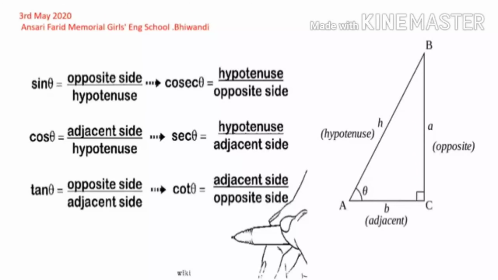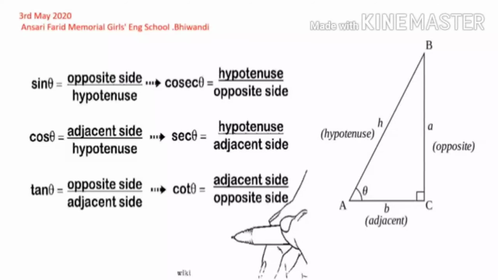Here, sine theta is equal to opposite upon hypotenuse. Cosec theta is the reciprocal of sine theta, so cosec is hypotenuse upon opposite. Next, cos theta is adjacent upon hypotenuse, and sec is its reciprocal, hypotenuse upon adjacent.